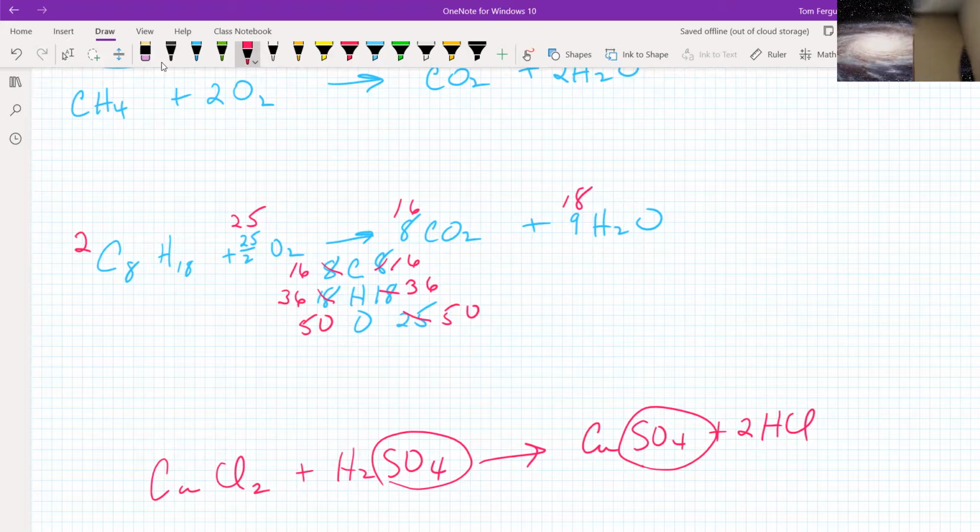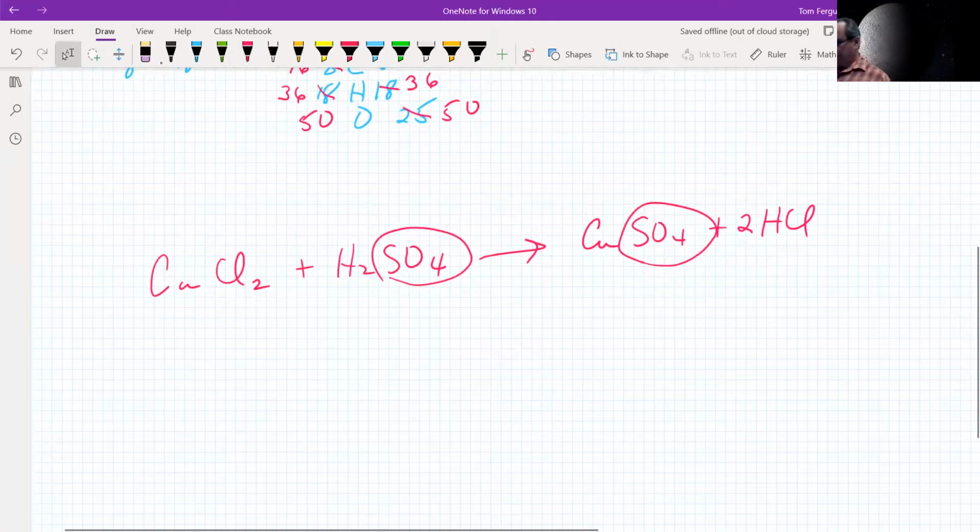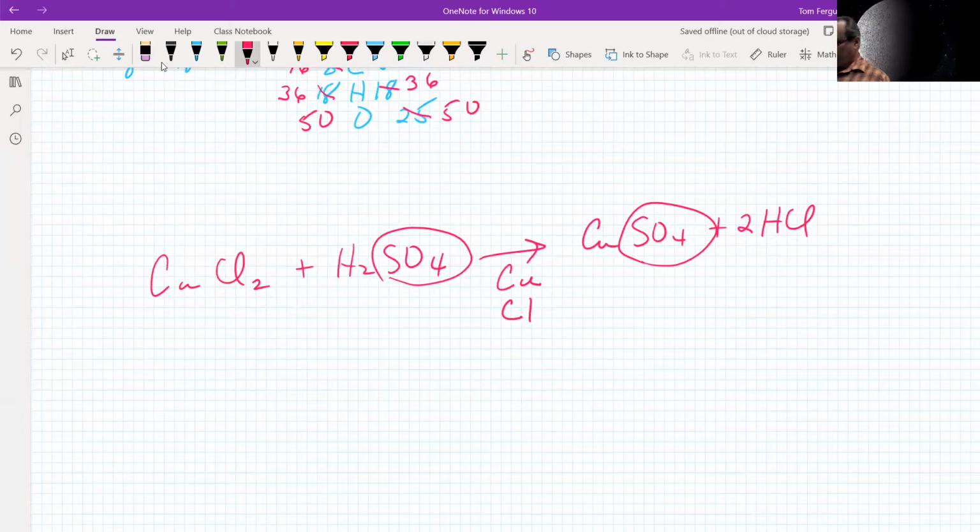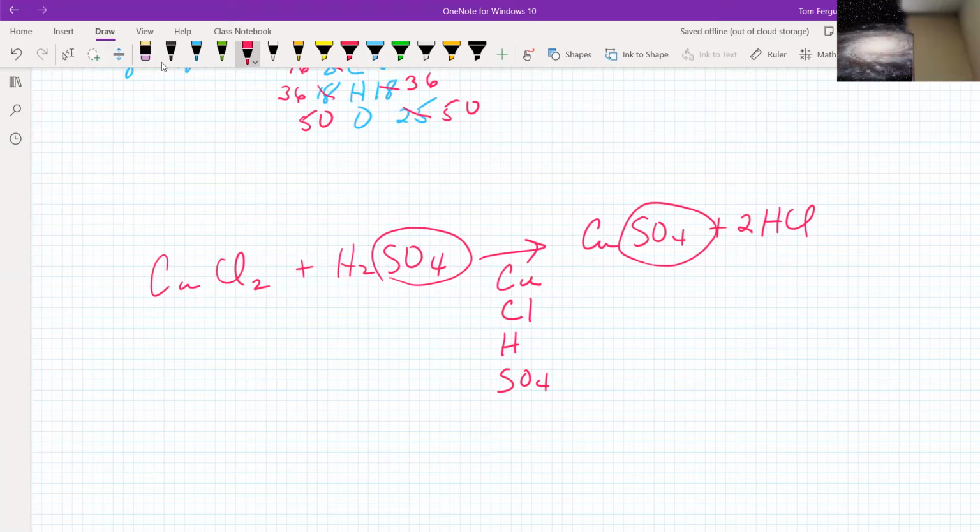That's Cu, copper on both sides. Now, this technique of grouping only works if it's on both sides of the equation. If it's not on both sides of the equation, then you have to tear it apart.